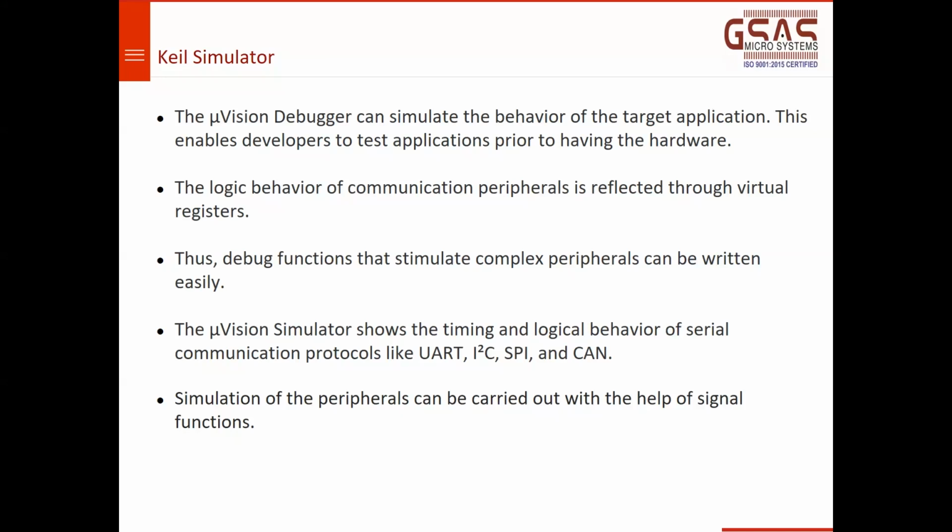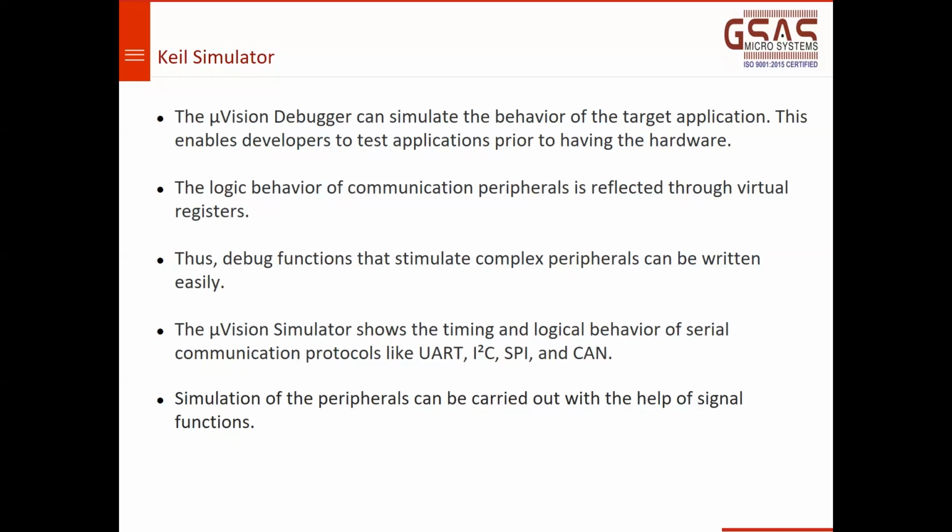Usually it is sent through the transmit pin of the UART. We usually use a probe or a CRO and see whether the data is made available on the TX pin. So without connecting any hardware, how do I simulate this UART? How will I simulate the code on the communication peripheral?